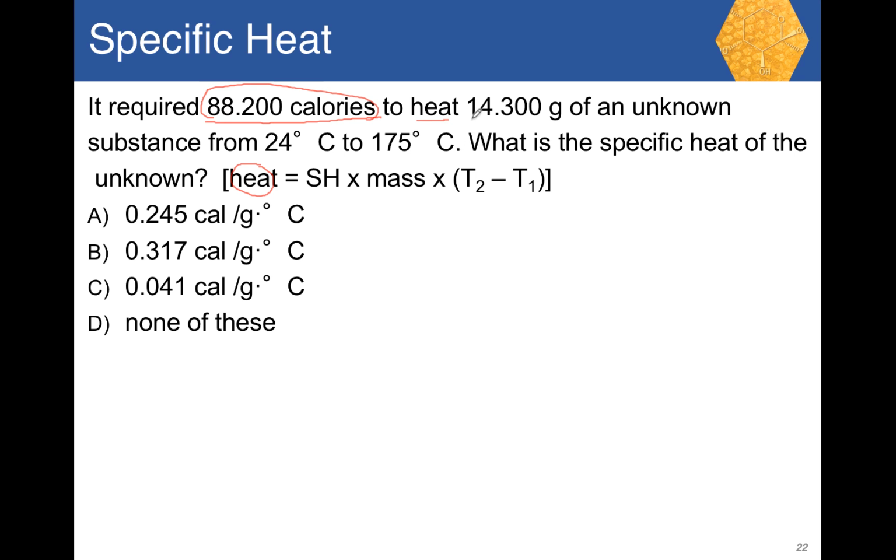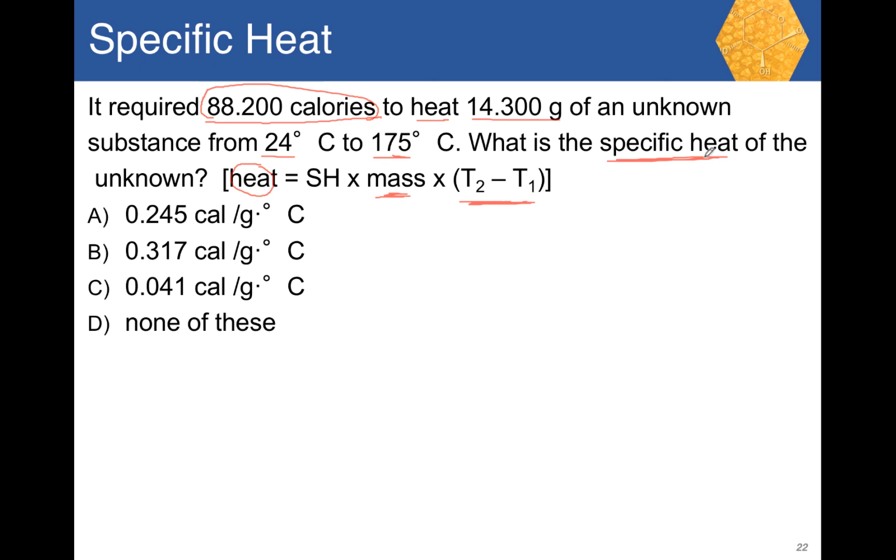To heat 14 grams, which is the mass, of an unknown substance from 24 to 175. So that represents here the temperature change. So it's asking you, what is this specific heat?